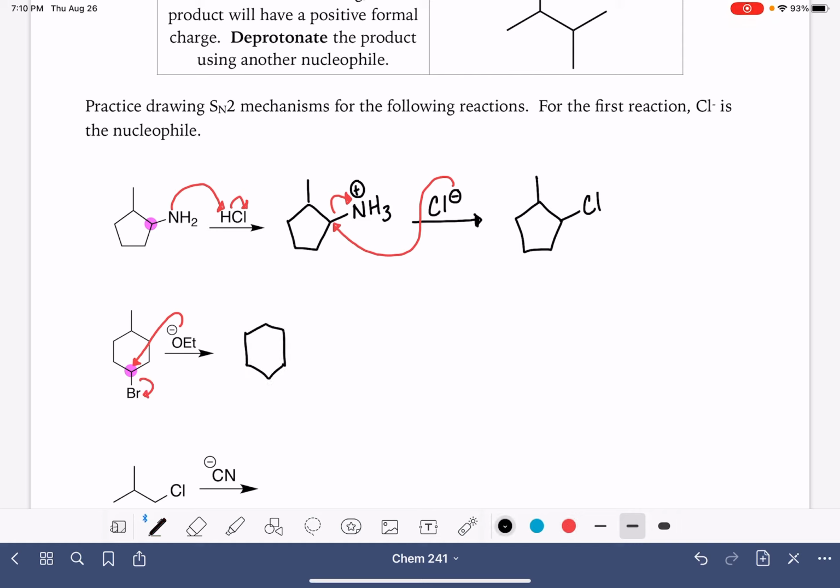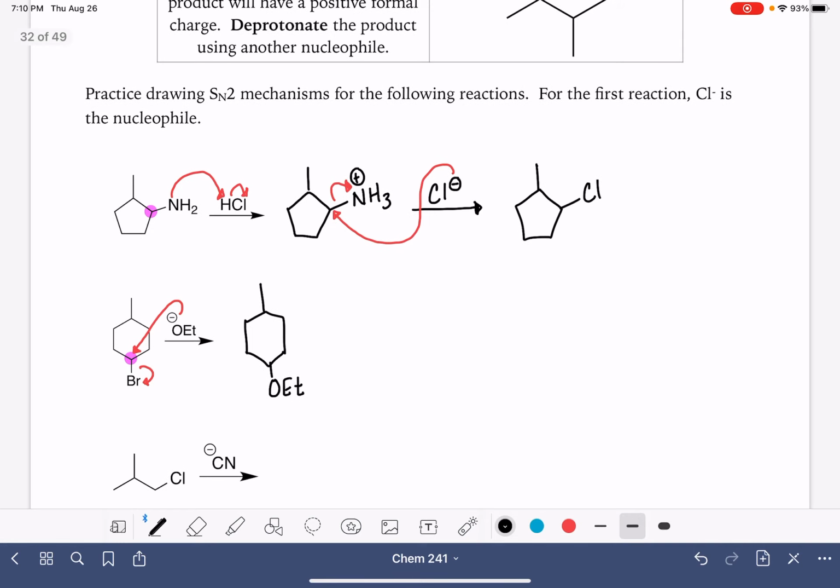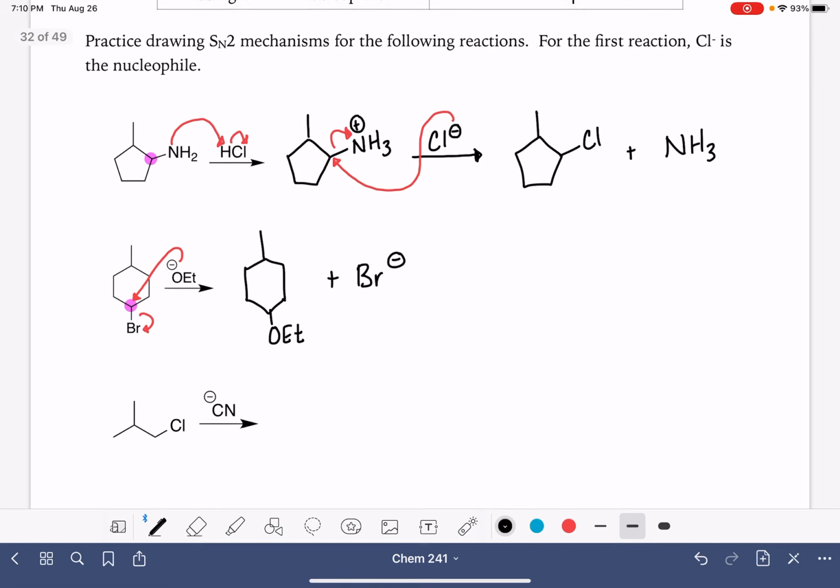And now we have formed this new bond to the ethoxide, OEt, and we've got that bromine. Generally, we don't write the formula of the leaving group, but I'm going to write them in right now because when you're first learning these, sometimes the unbalancedness of these equations can be extra tricky.